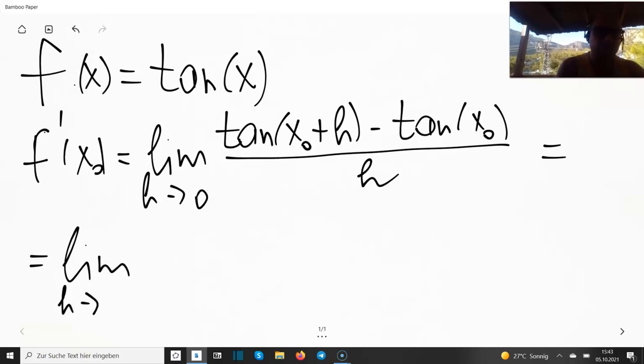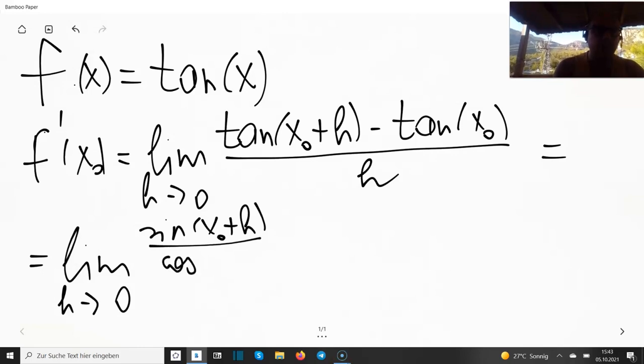I don't want to use special formulas, even though I proved them with the tangent of a sum or tangent of a difference, but let's keep it even. So the simplest way we can find to solve it, I'm going to use it. The simplest I know. So we have the sine of x0 plus h divided over the cosine.